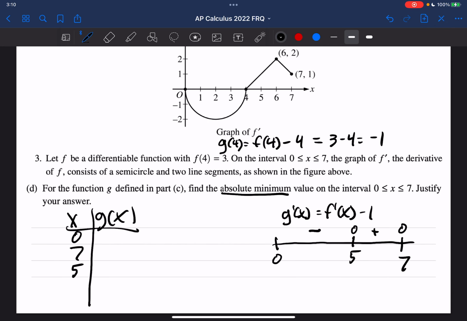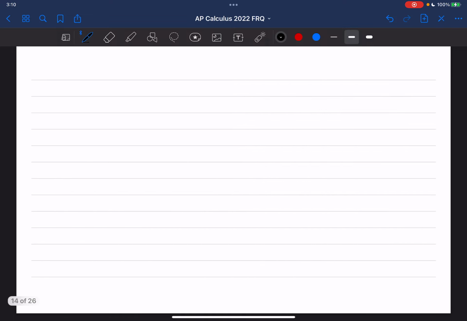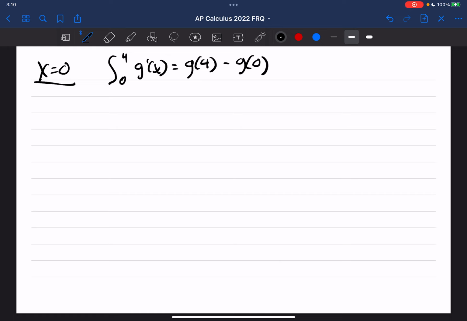So now, how do we get these values for the absolute minimum of g of x? Since we already have g of x, but it also is going to depend on f of x. So x equals 0, and we're going to go from 0 to 4. The integral of g prime of x equals g of 4 minus g of 0.